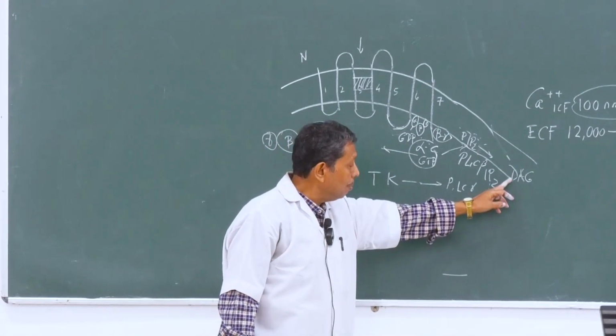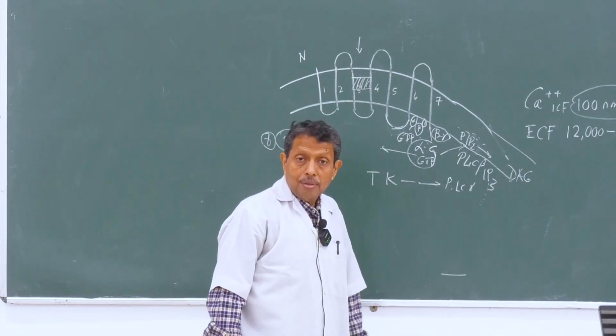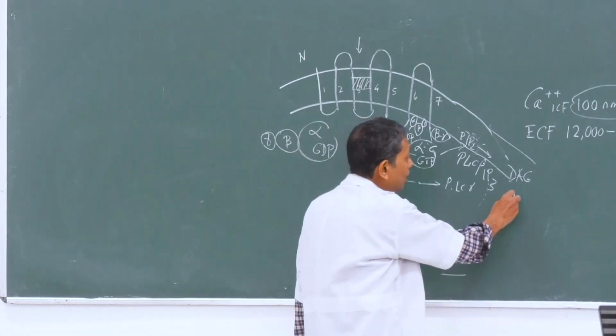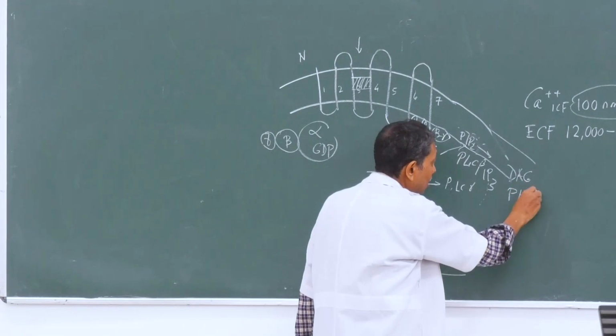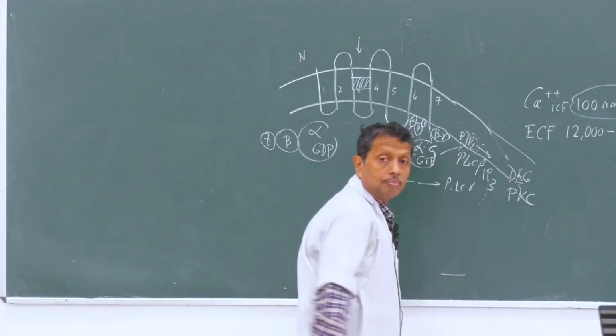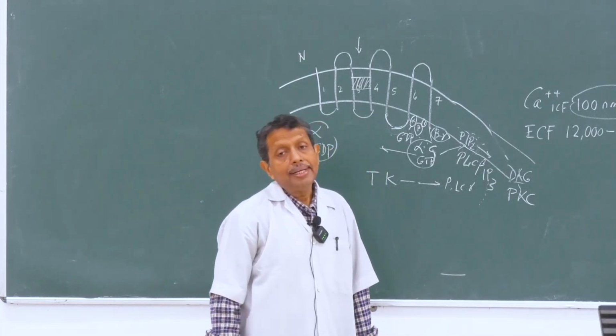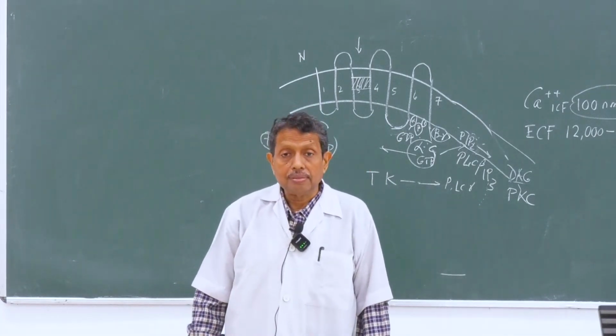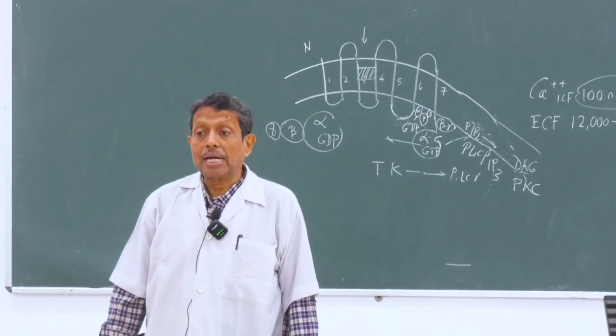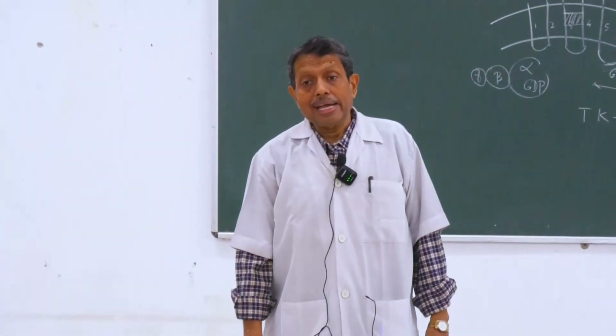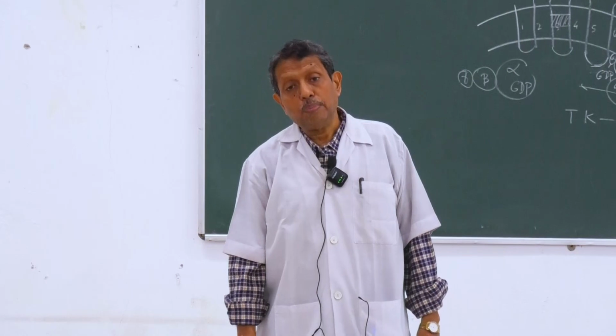Diacylglycerol remains combined with the membrane, and it will activate protein kinase C. And protein kinase C will go into the cytosol, and it has numerous effects, like that of protein kinase A activated by adenylate cyclase cyclic AMP.